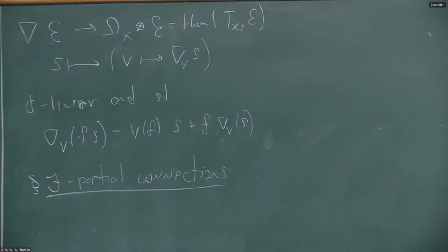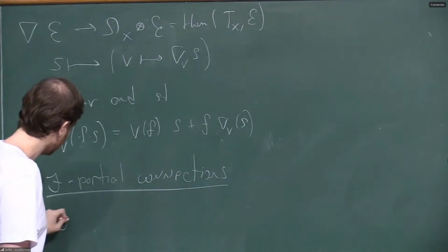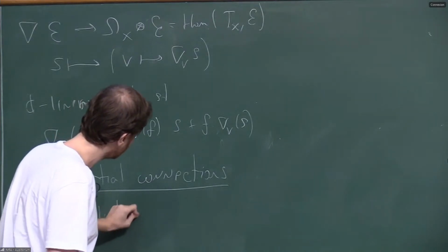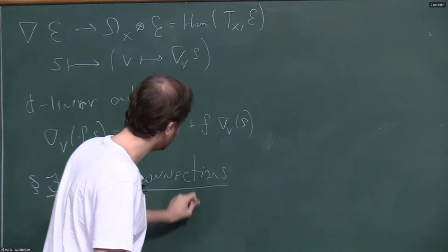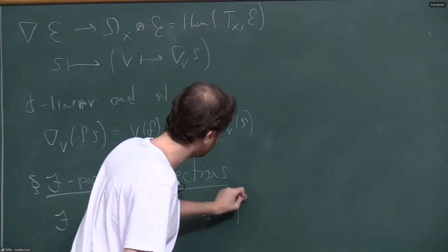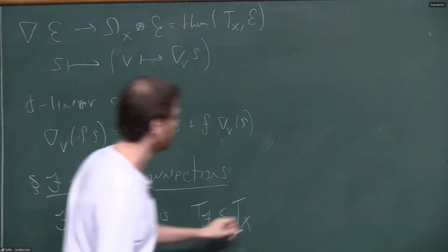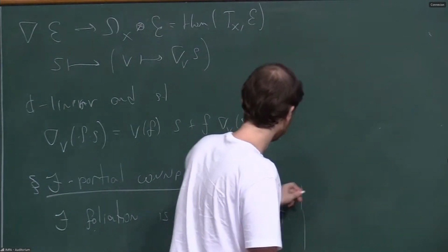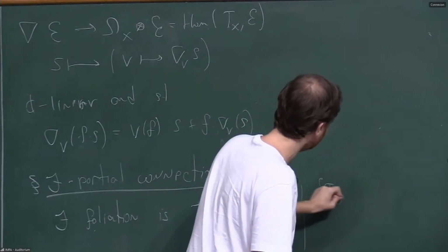First, let's remember that a foliation F is a subsheaf of T_X that has two properties. First, it is closed under the Lie bracket.